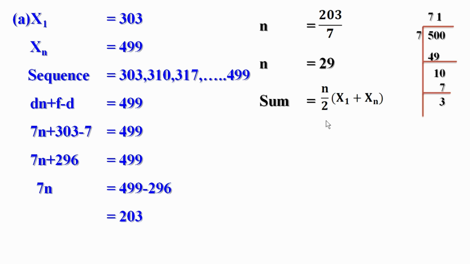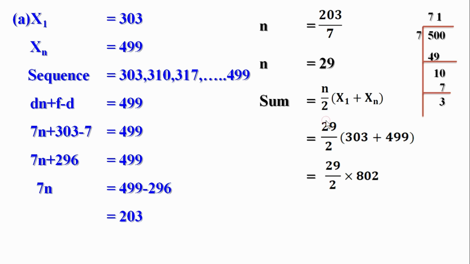So we can write it as 29 by 2 into 303 plus 499. Now 303 plus 499 is 802. So it can be written as 29 by 2 into 802. 401 2s are 802.